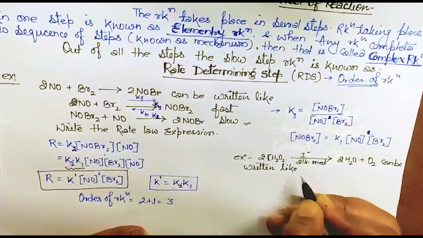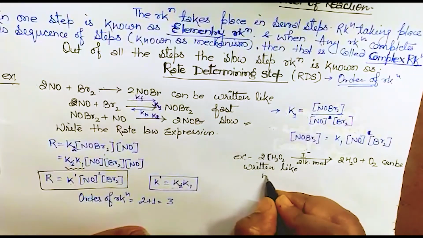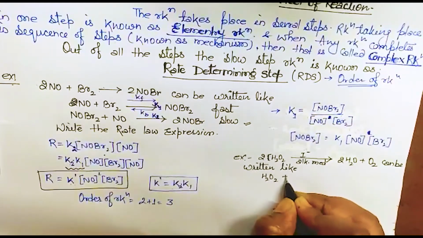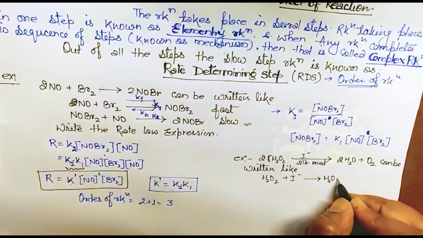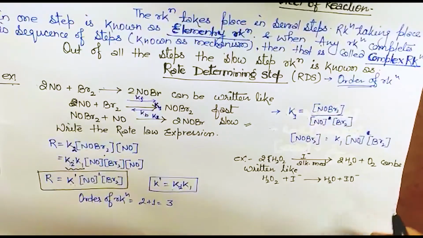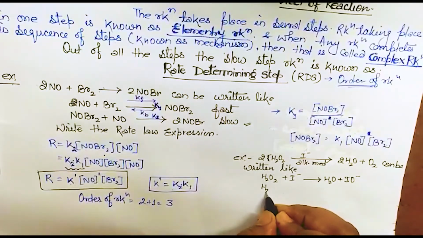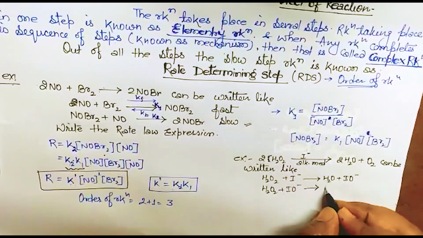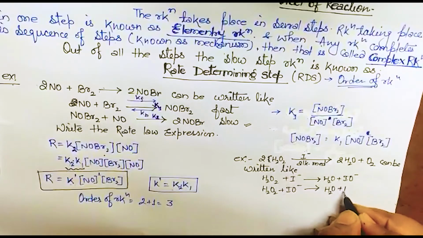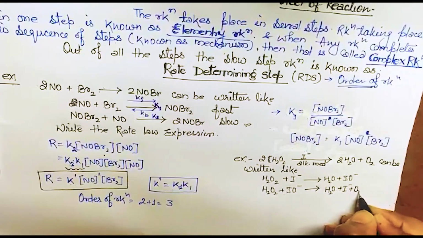This equation can be written as two equations. H2O2 first reacts with I minus to give H2O plus IO minus, and the second one is H2O2 plus IO minus gives H2O plus I minus plus O2.